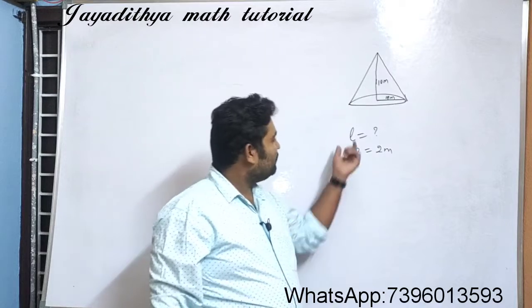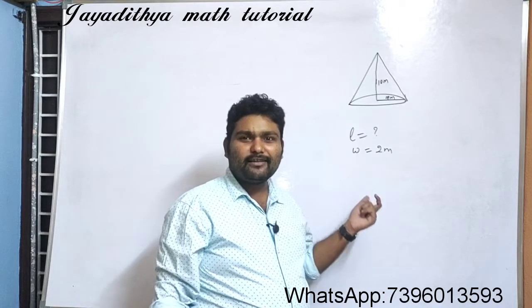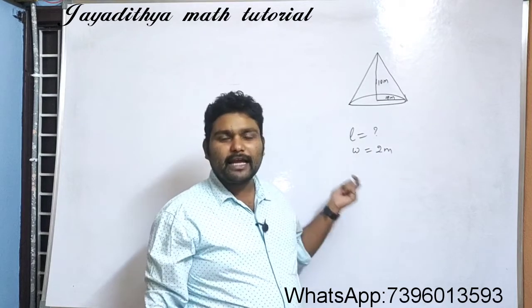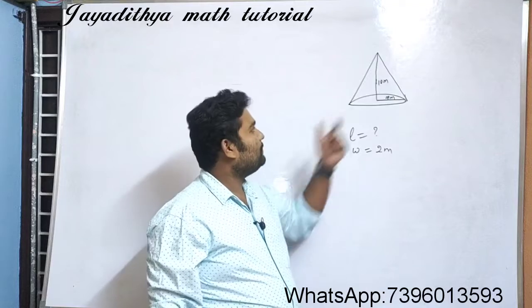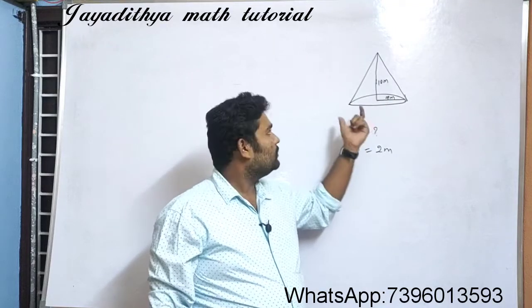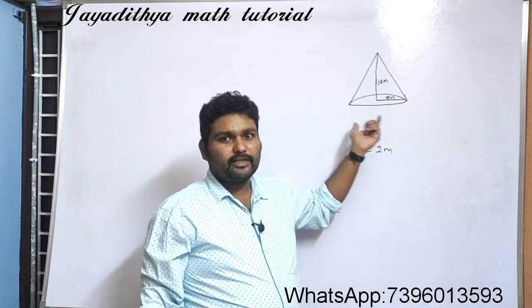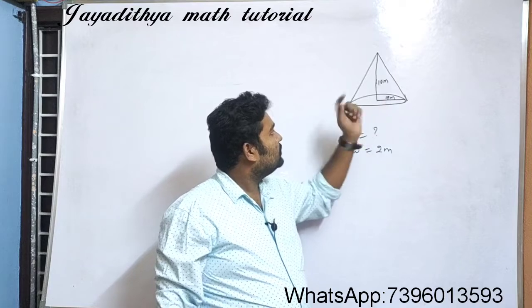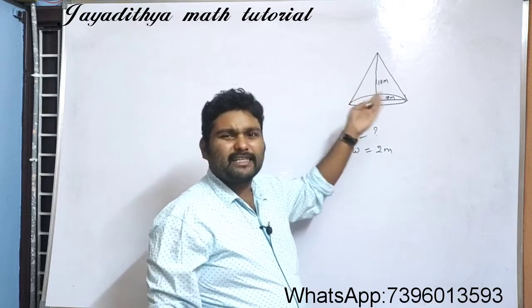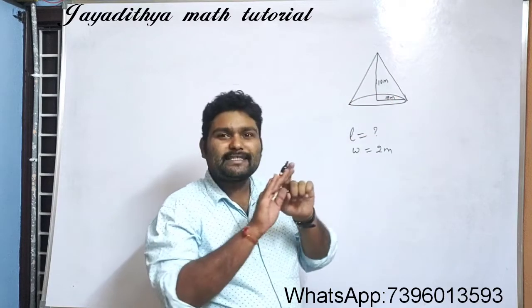See here, from where did we get this length and width? Actually in a cone we don't have length and width, but in order to construct a tent we need some cloth.